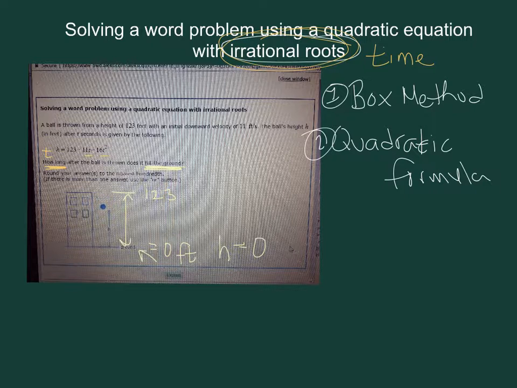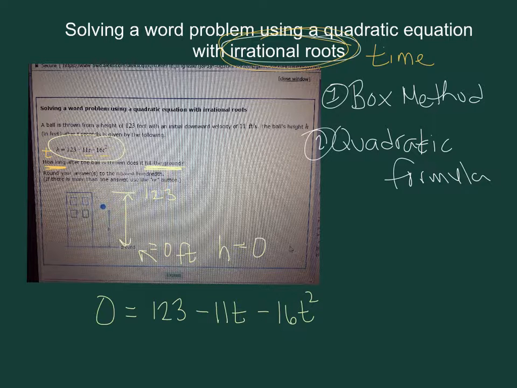Oh, so what that means then is I take this equation right here and I say 0, because that's what h is, equals 123 minus 11t minus 16t squared. Now remember, you're using your version of this quadratic equation.